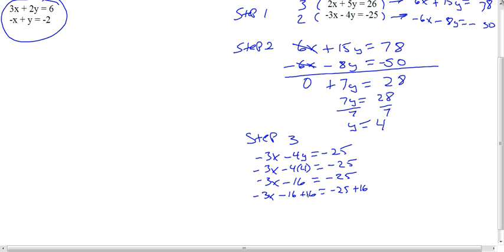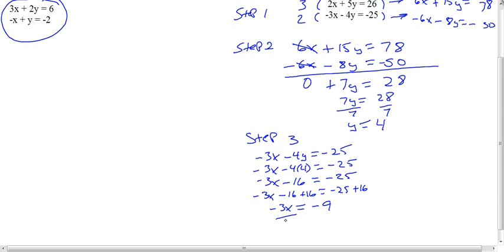So our 16s are going to cancel out over here. That's going to give me negative 3x is equal to, 25 minus 16 is going to give me 9, but because the 25 is negative and greater in absolute value than the plus 16, it'll give me a negative 9.